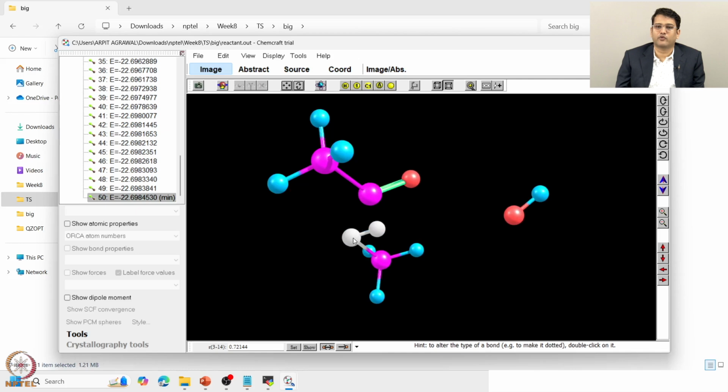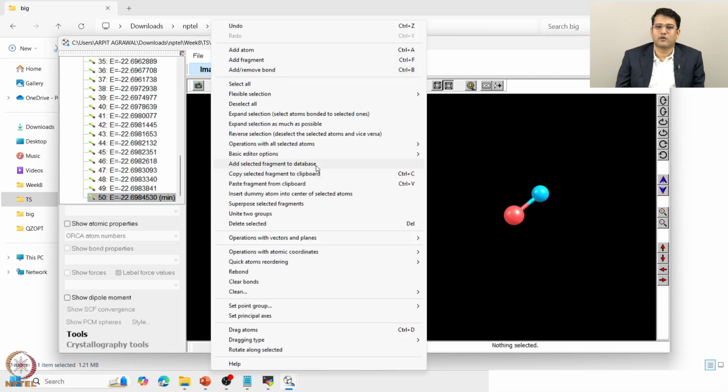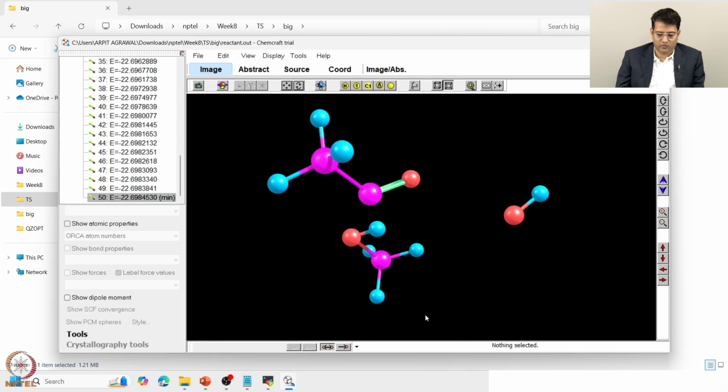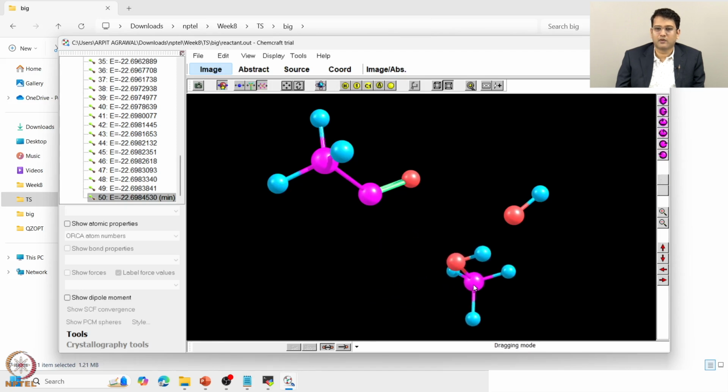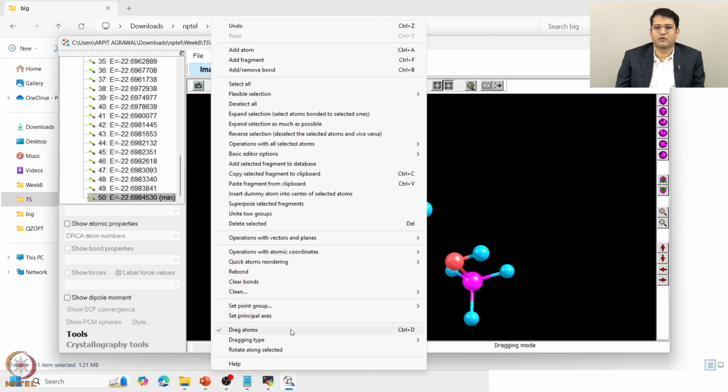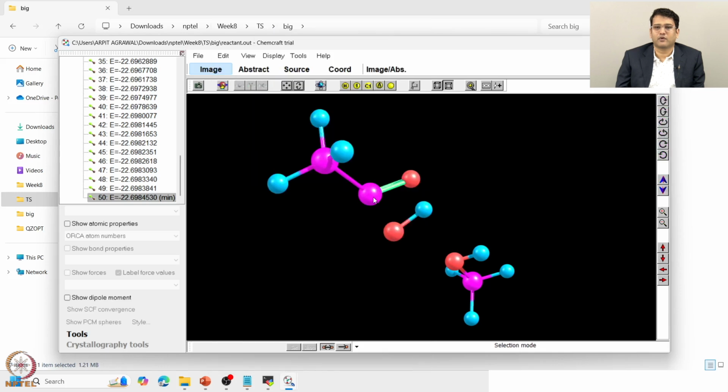Okay, I'm almost there. The only thing now I have to do is to drag the alcohol fragment. I press Control D. I have removed this one. Now I should drag this OH close to this one, and create a bond between the two.